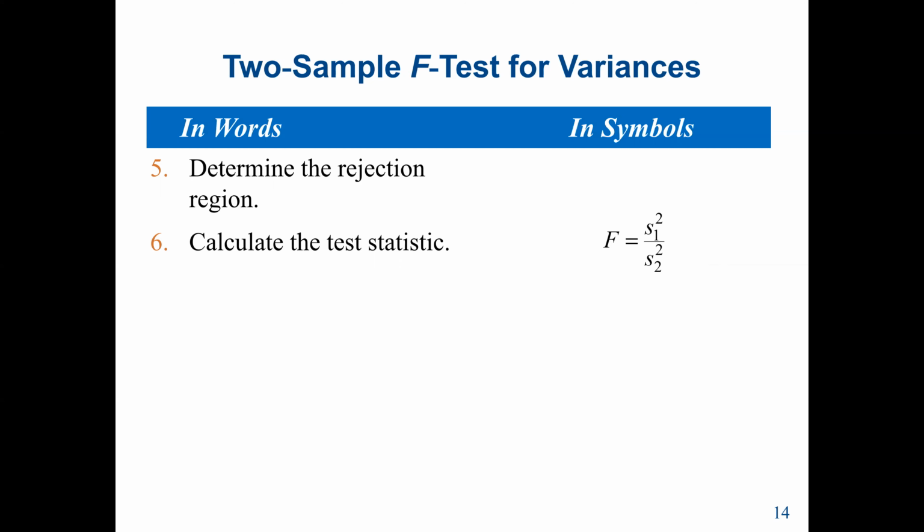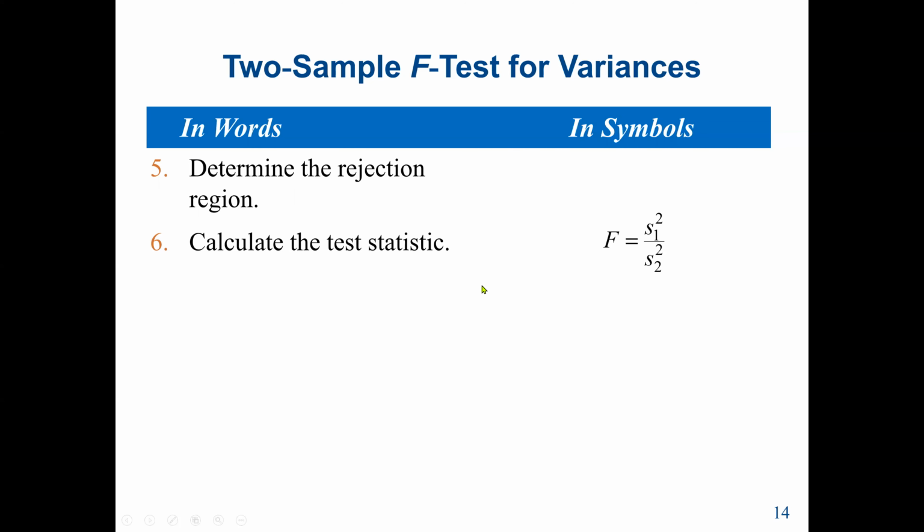First, we determine our claims, H0 and HA. Second, we get our level of significance. Third, we need the degree of freedom. When I have my level of significance and degree of freedom, if it's chi square or t, I can find my critical value.